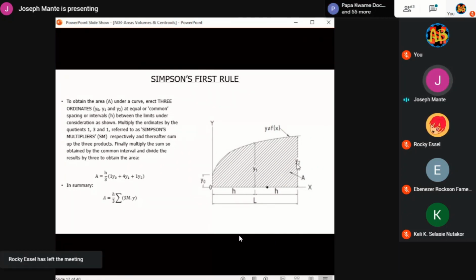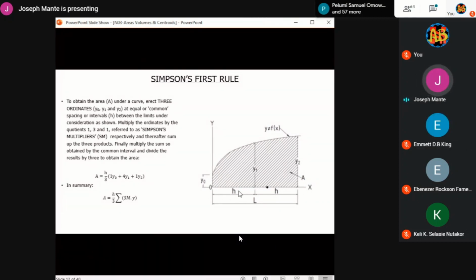This is what Simpson is saying, at equal or common spacing or intervals, which is represented by h. So we have y0, y1, y2 dividing the surface at equal intervals. At each interval we have a certain spacing, and it should be equal between the limits under consideration, as shown below.